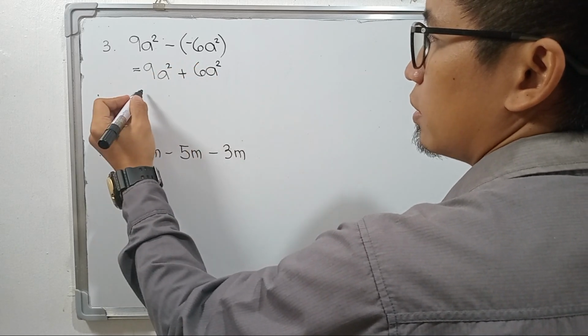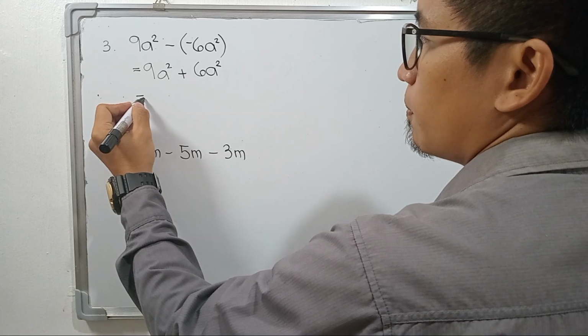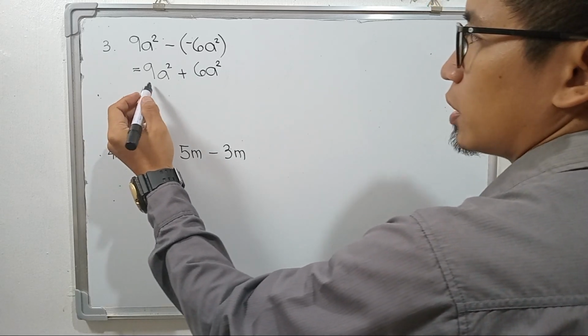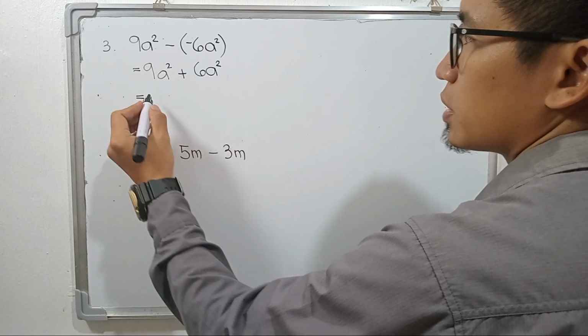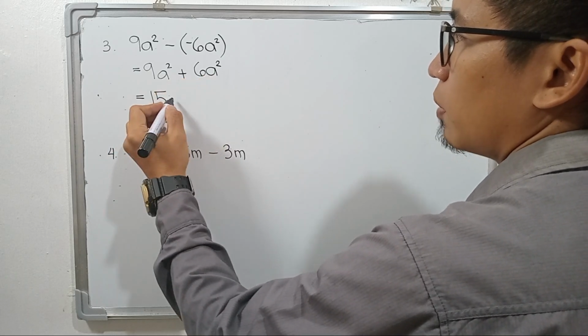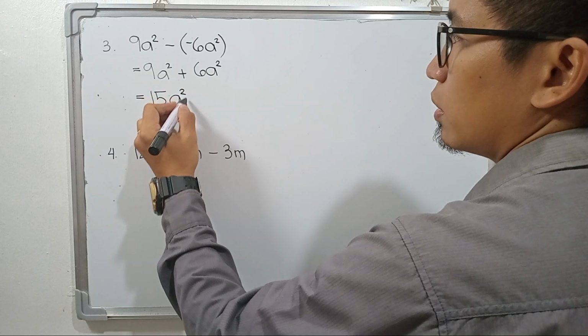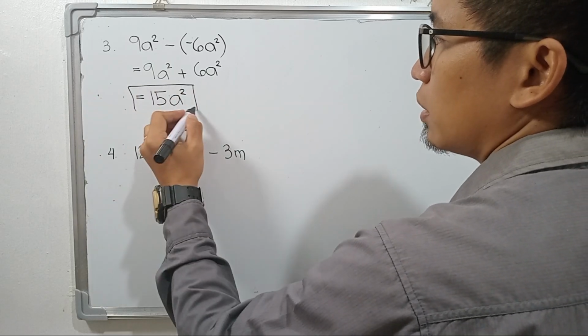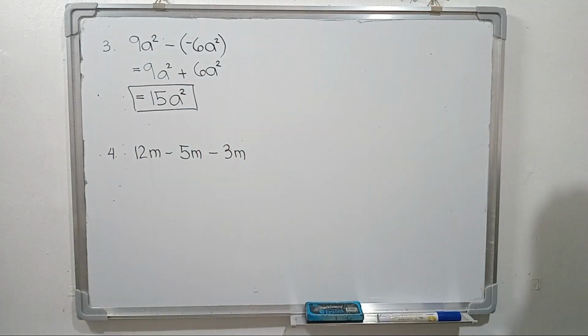Now we will add these two monomials. We add their numerical coefficients. 9 plus 6 is 15, and then we just simply copy their common variable a squared. The answer will be 15a squared.